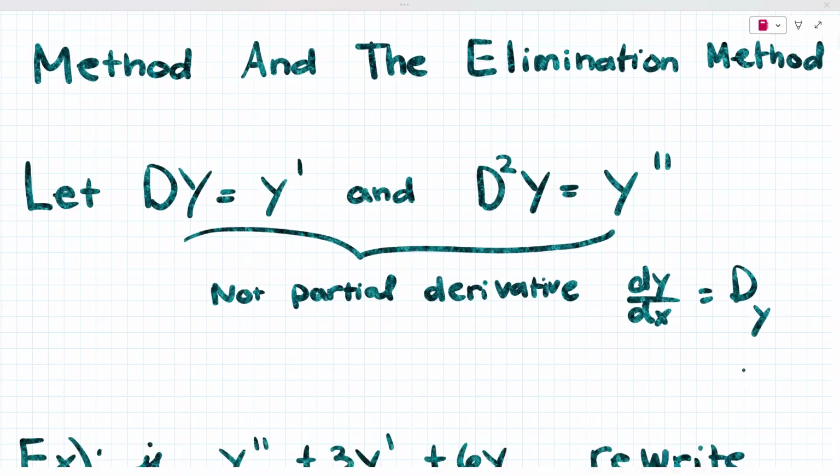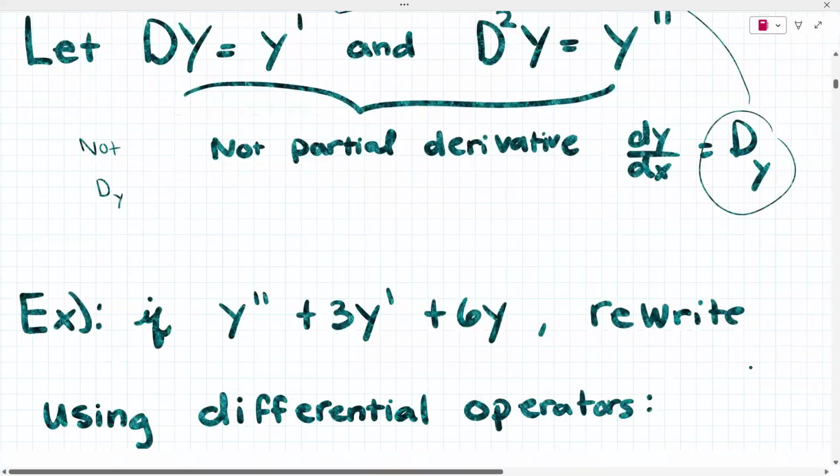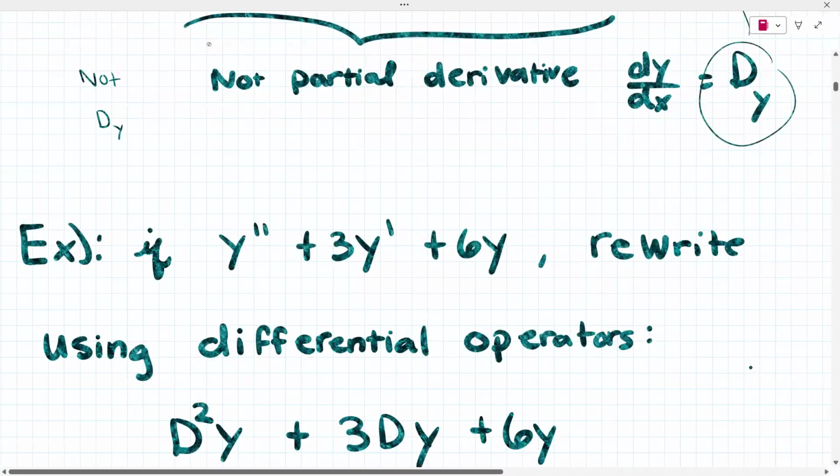This is dy, not a lowercase d down here. That would be a partial derivative. That's the same thing as dy with respect to x, right? So this thing right here does not equal this. Okay, so let's practice a bit.